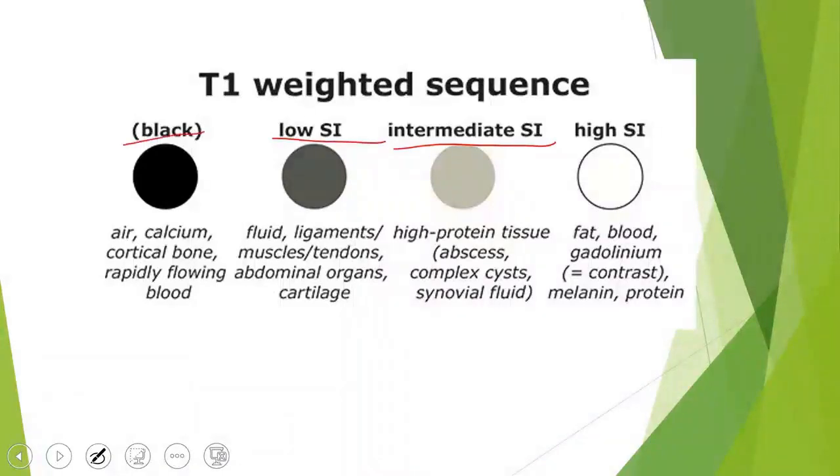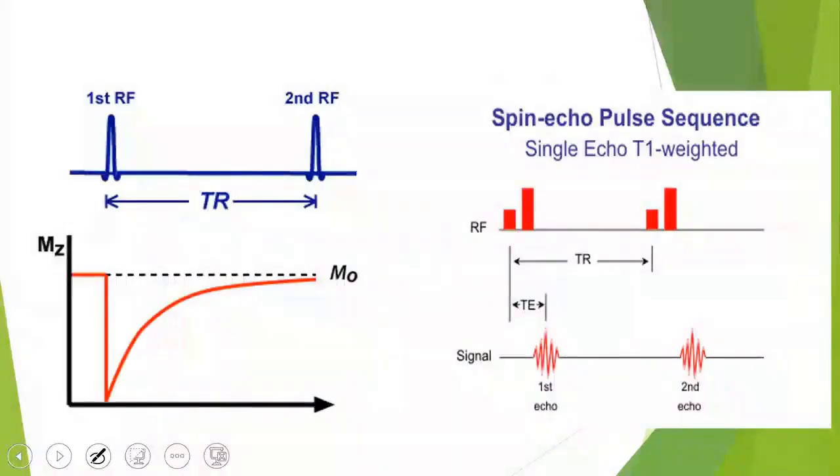Ligaments, muscles, and tendons, all of these are protein tissue. The complex cysts and synovial fluid appear with intermediate signal intensity, which is similar to the signal intensity of fat and blood. This is relevant in the T1 weighted image.